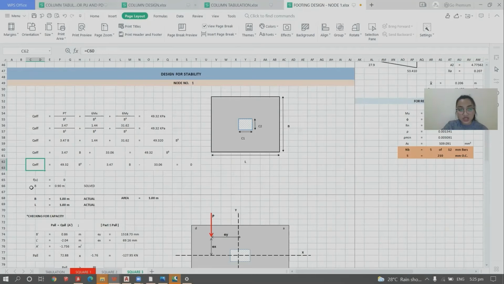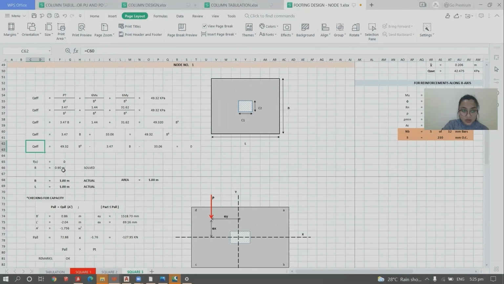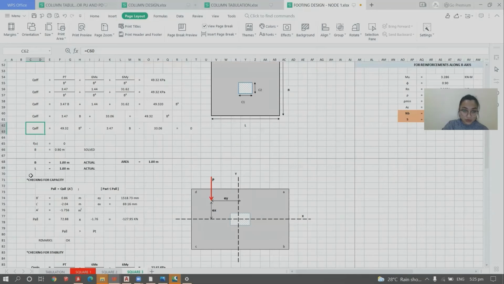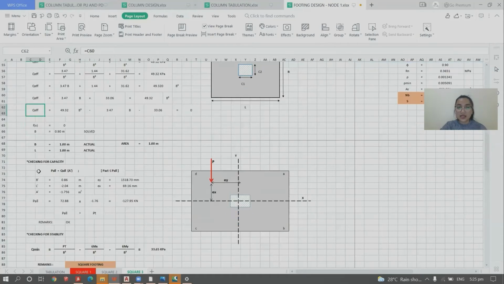By calculation, B is equals 0.90. So we round off to the nearest whole number, B equals 1 meter, since we assumed the design is square. So B and L are equal. So B is 1 meter, and so is L, 1 meter.